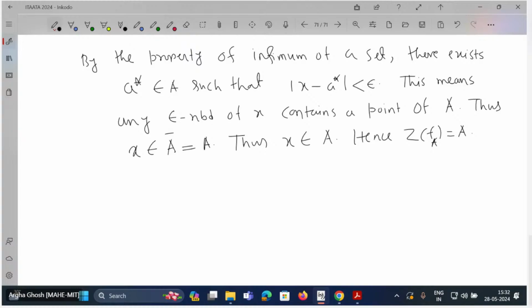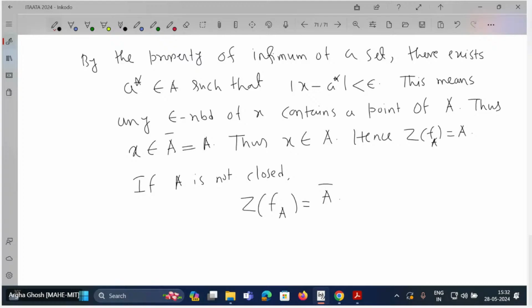If A is a closed set, then Z_f of A is A. In general, if A is not closed, then Z_f of A is nothing but A closure. One part you can see is that Z_f of A is a subset of A closure, which is fine.